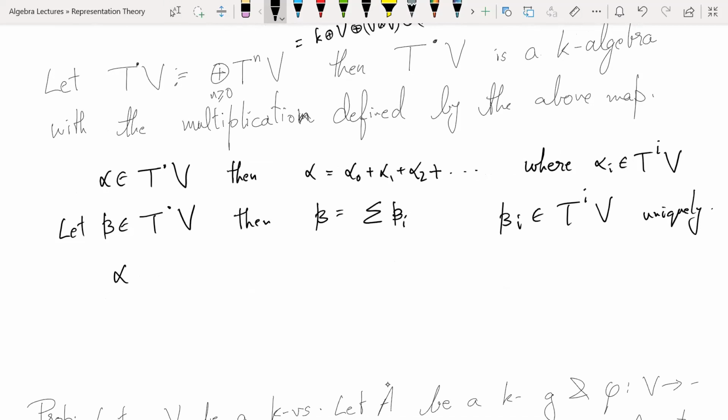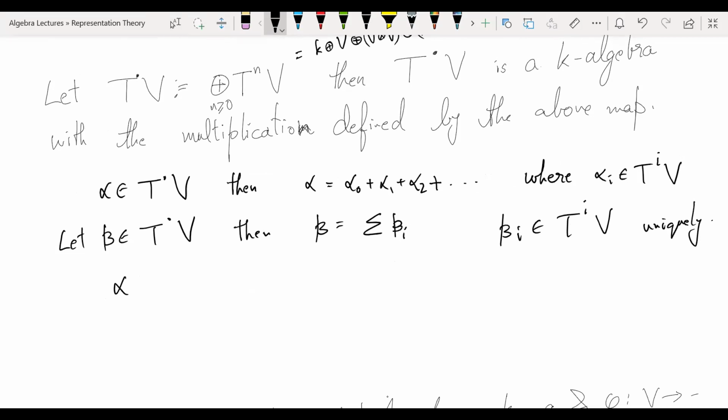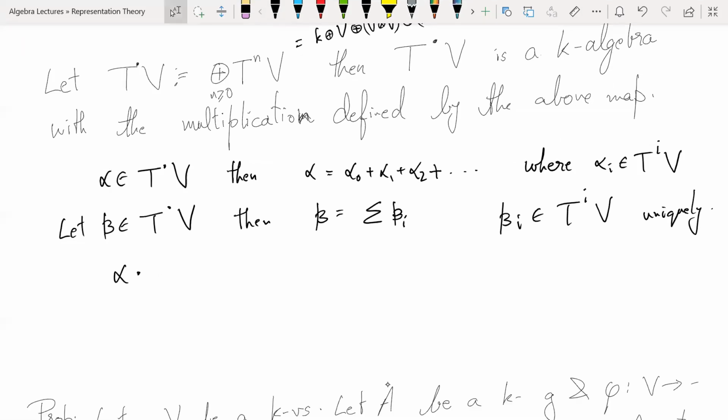So I'm trying to define the multiplication of alpha with beta in T dot V. Alpha dot beta is defined to be a summation.